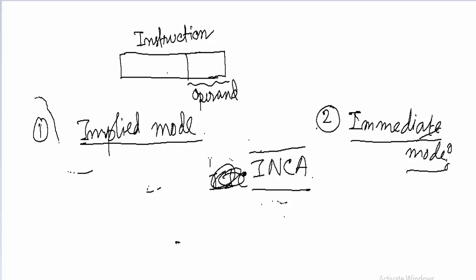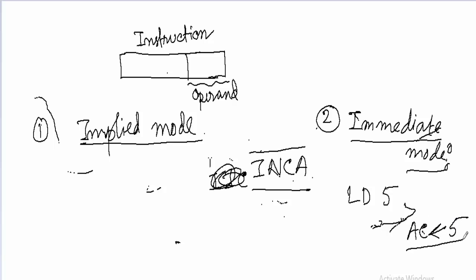In the immediate mode, along with the opcode we give the operand, and this mode is generally used when we want to load the register with a constant value. For example, if the instruction is load 5, that means load the accumulator with the constant value 5, put the 5 into the accumulator.